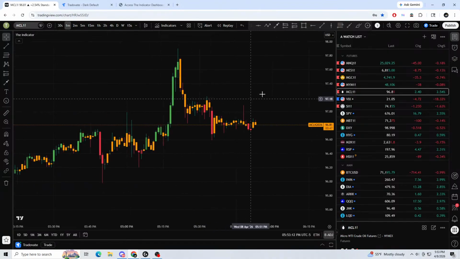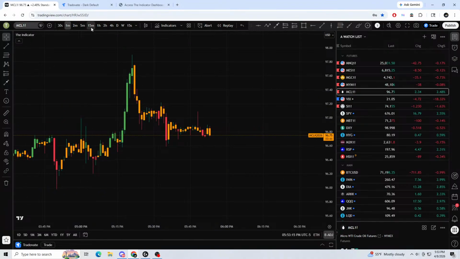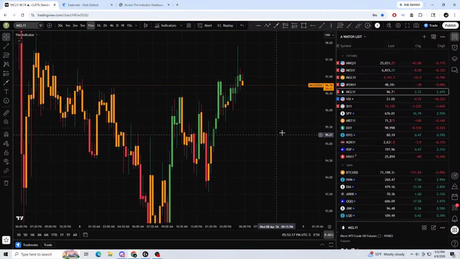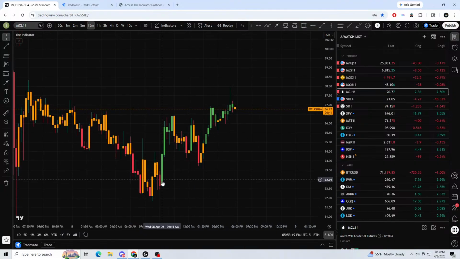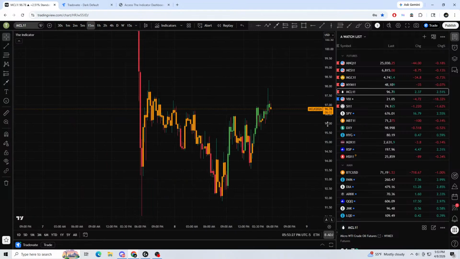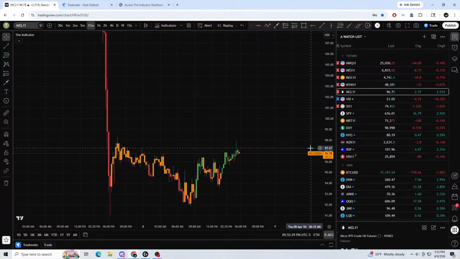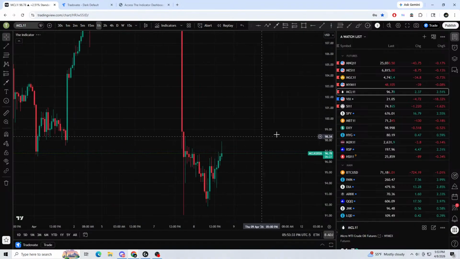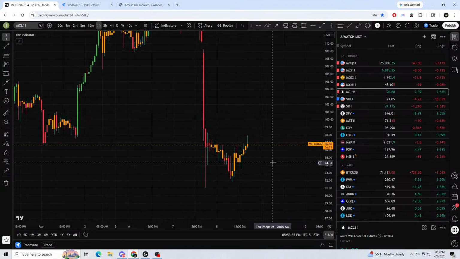Oil is consolidating. If you go to like the 15-minute, basically all day long we've been kind of bullish, consolidation, bullish. So price is trying to recover a little bit. Let's go to the 1 hour on oil.